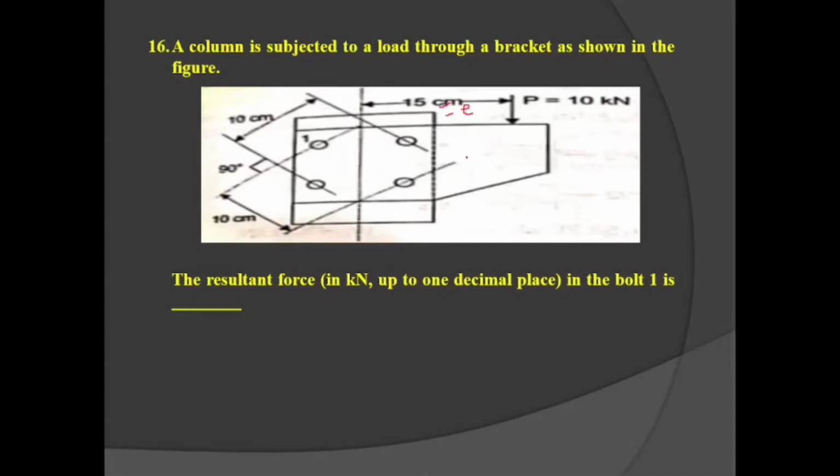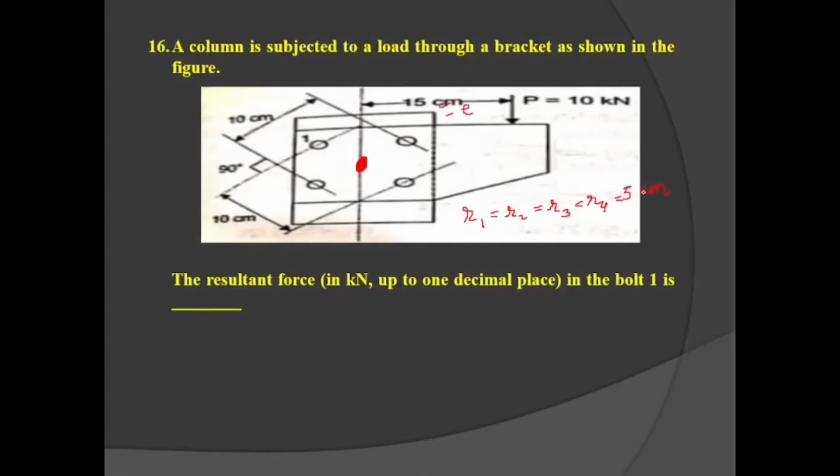Now radial distances will be same, because all the radial distances are given. Radial distance from here to here for any rivet is 5 centimeter, so R1, R2, R3, R4 are equal to 5 centimeter for all the rivets.